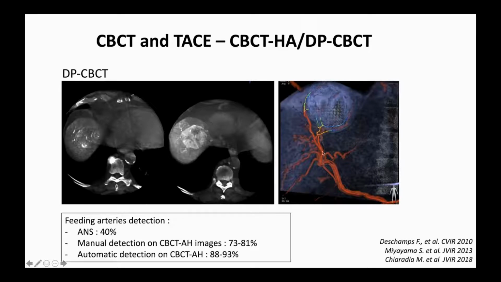Then you have a 3D roadmap that is synchronized with your table and C-arm movements. And with the new software with automatic feeder detection, you can go as far as possible to maximize the dose delivered into the tumor and minimize the dose that goes to the healthy liver.